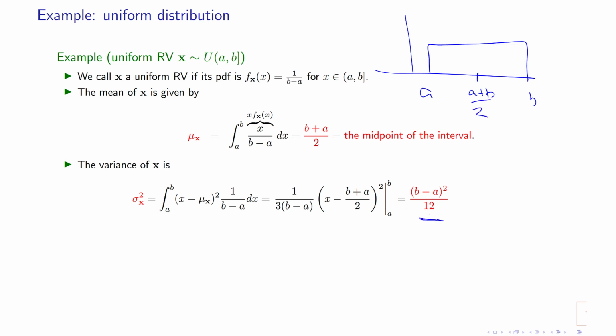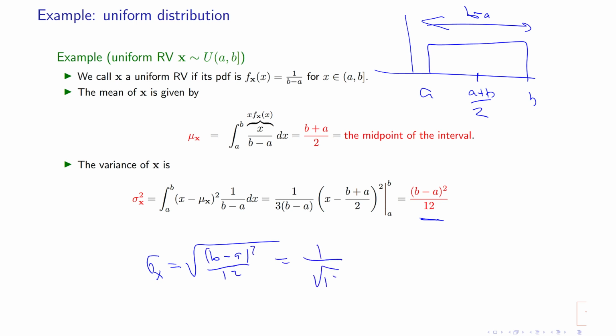But the variance is this length, b minus a, squared, divided by 12. Or you could say that the standard deviation, sigma X, is the square root of (b minus a) to the power of 2 divided by 12, which is equal to 1 over the square root of 12 times the absolute value of b minus a.